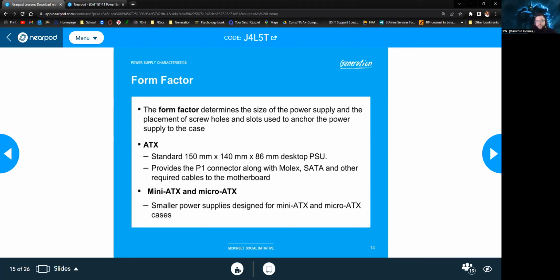You can type it in chat if you can't speak to it. Did he disconnect? All right, how about Rena? Can you tell me one of the voltages that the power supply unit provides?